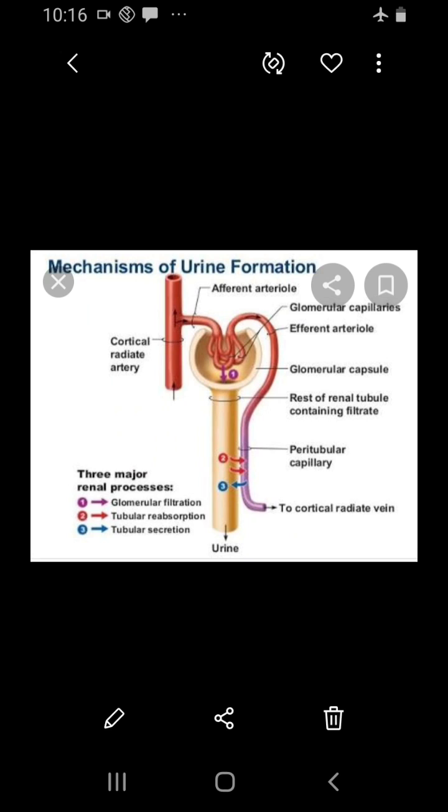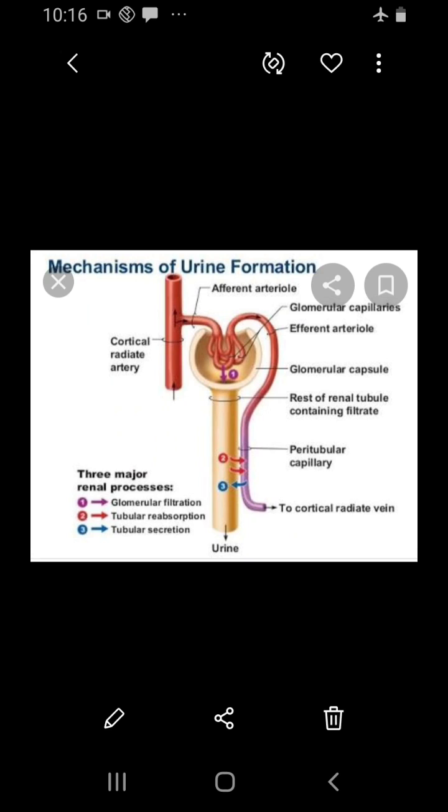We have already seen the three mechanisms: glomerular filtration, tubular reabsorption and tubular secretion, which take place inside the nephron. Even though the kidney is called the excretory organ, the main activity is done by the nephron, so it is called the structural and functional unit of the kidney.